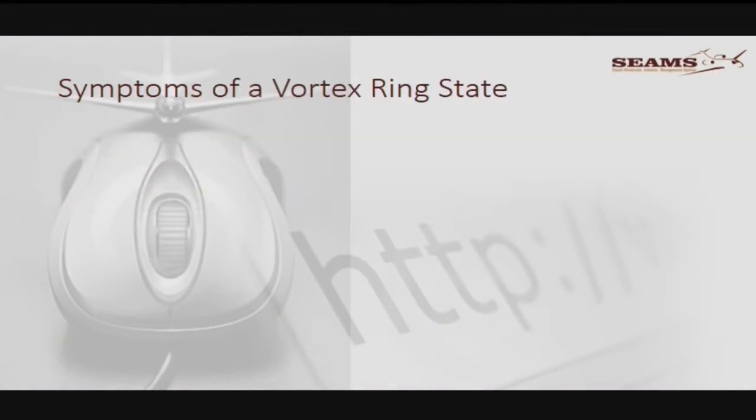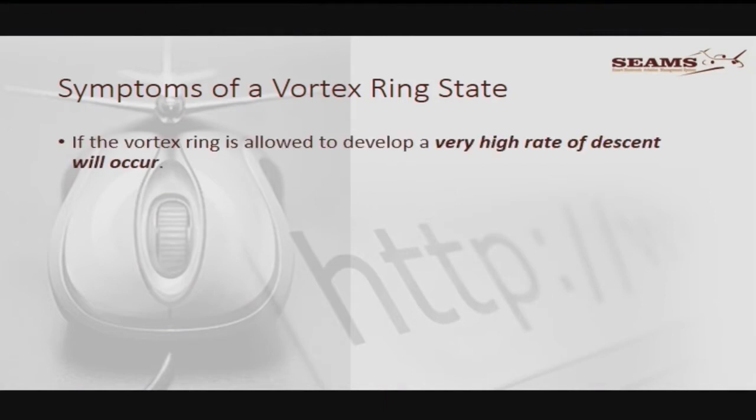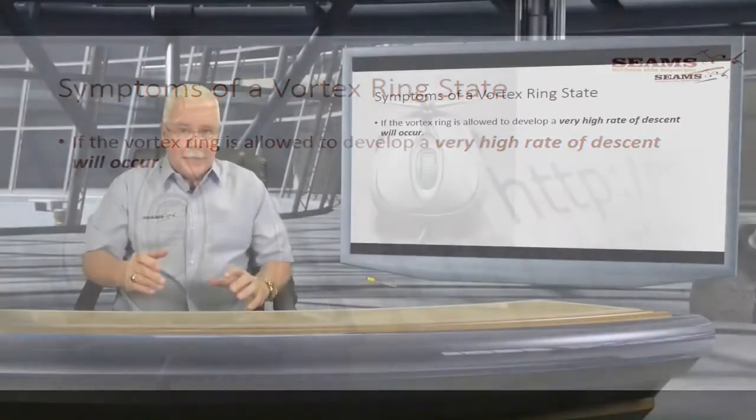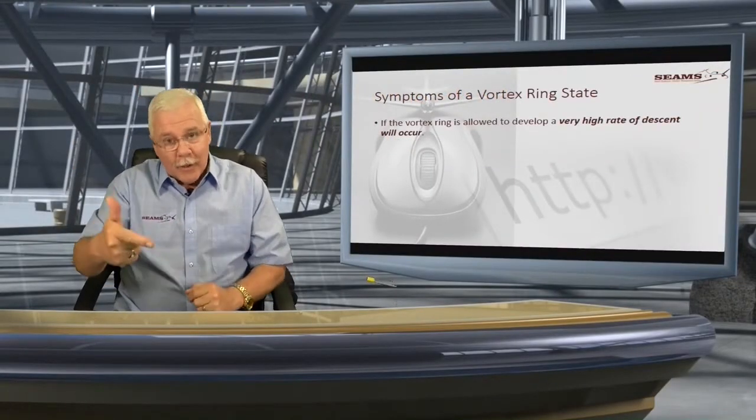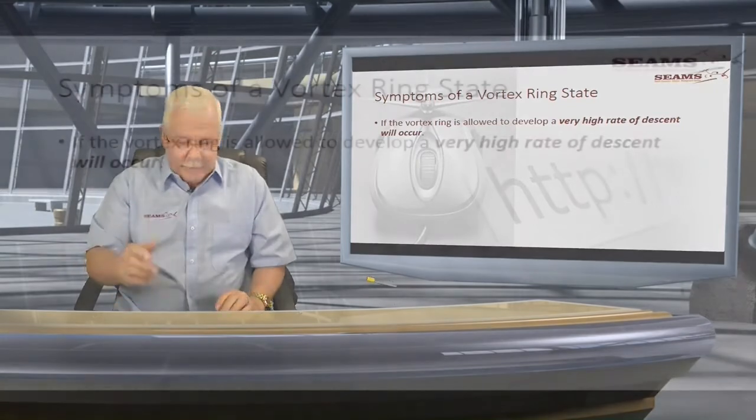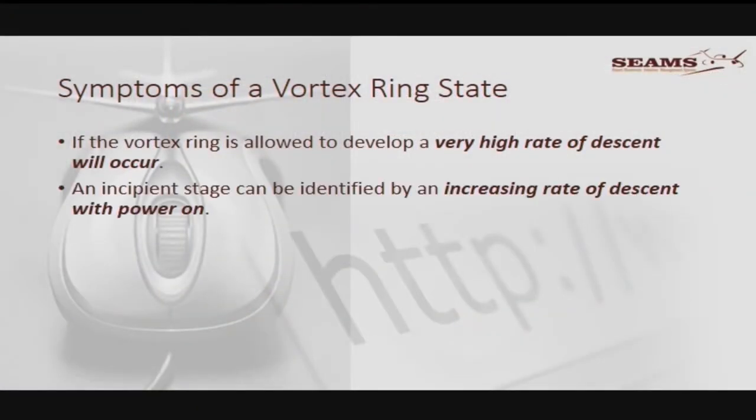It looks at the symptoms of the vortex ring state. If the vortex ring state is allowed to develop, a very high rate of descent occurs. Where will you see it? Well, on the VSI, nowhere else. Secondly, the incipient stages, in other words the beginning stages, can be identified by increased rate of descent with power on.